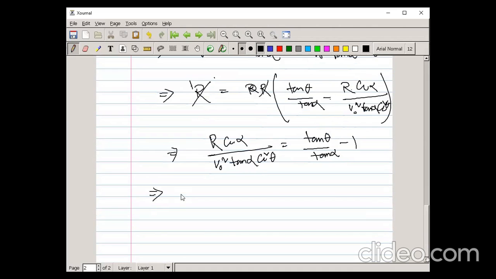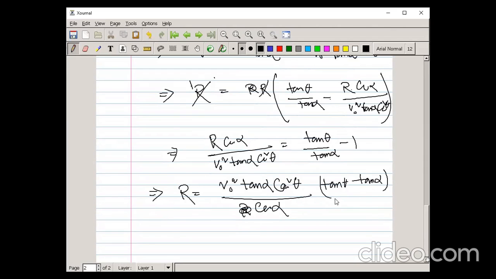Anyone? Is it okay? So R is equal to V0 square tan alpha cos square theta divided by cos alpha, tan theta minus tan alpha by tan alpha.